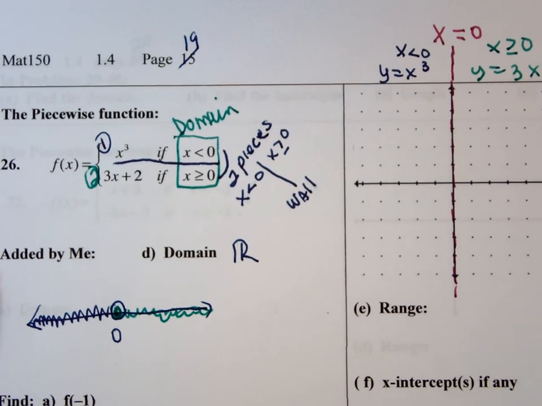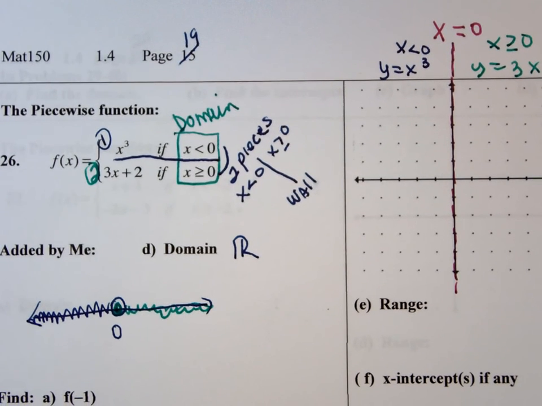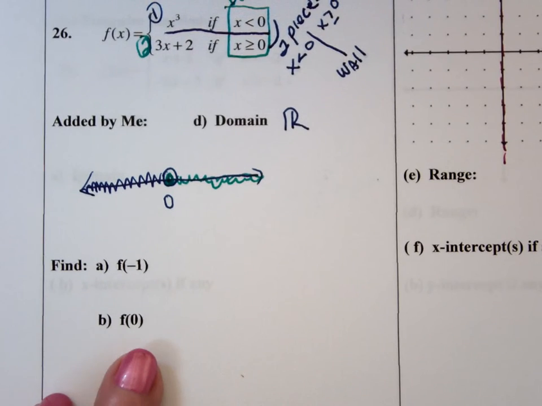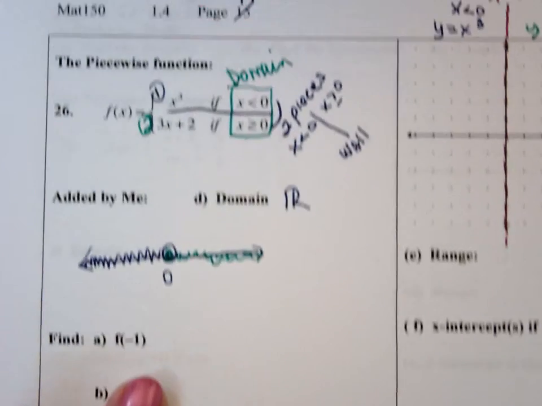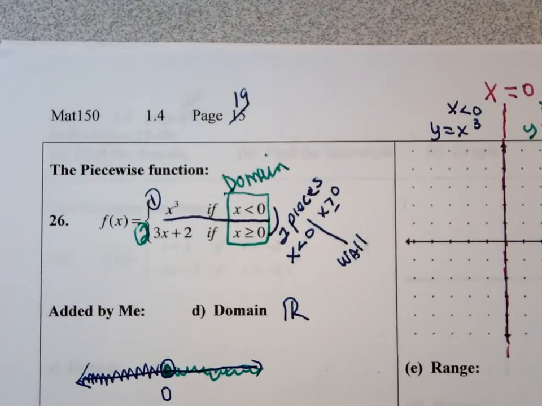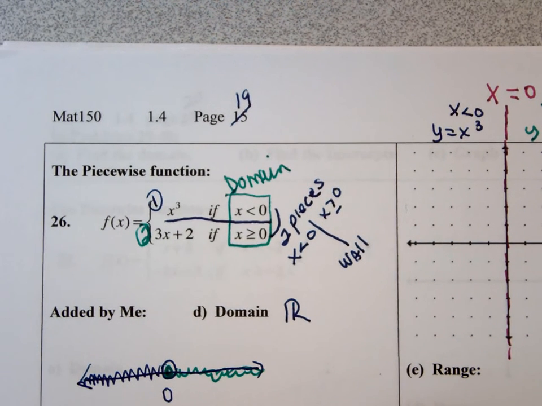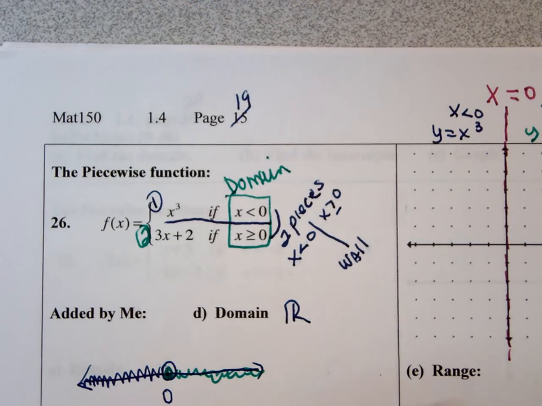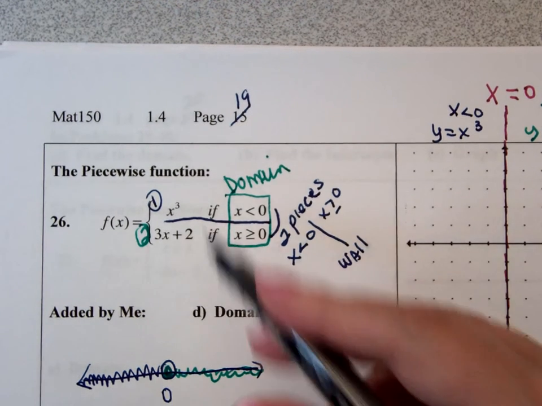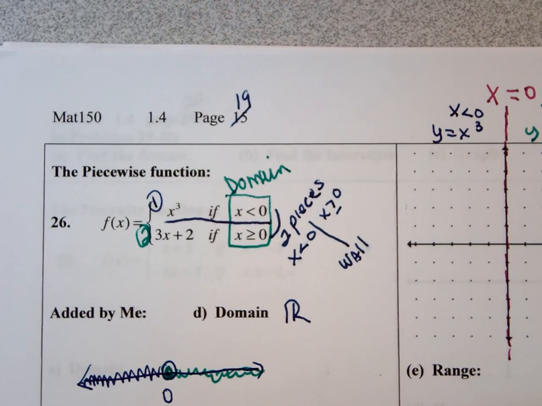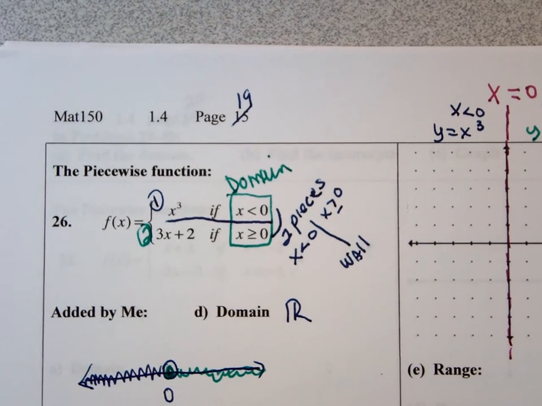Since we're playing with this for the first time, what is f of negative 1? Well, what yard did negative 1 live in? Negative 1 is smaller than 0, right? So f of negative 1 would use which function? X cubed. So this would be negative 1 cubed, or negative 1.